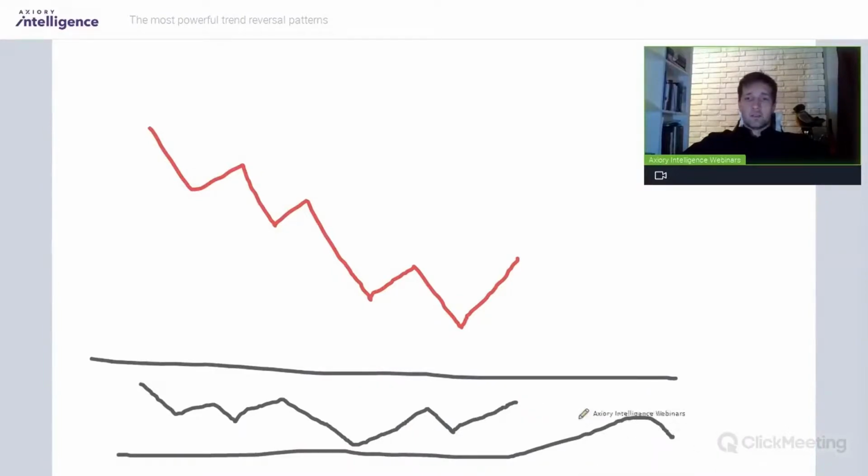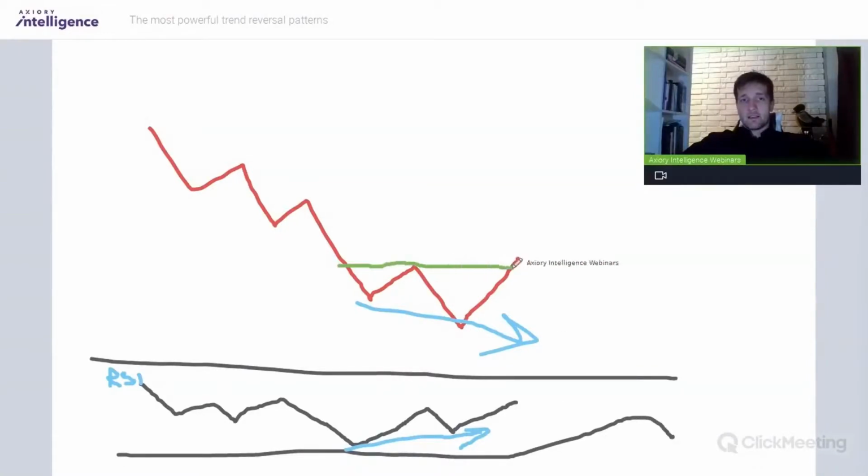And what's happening here? You have lower lows, but they are not confirmed by lower lows on the indicator. Again, let's say it's RSI. Then all you need is the breakout of the neckline. In this case, let's say that the neckline is horizontal. So here you have a buy signal, and in theory, we should see further upswing.